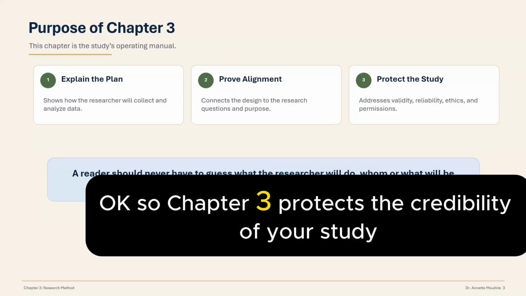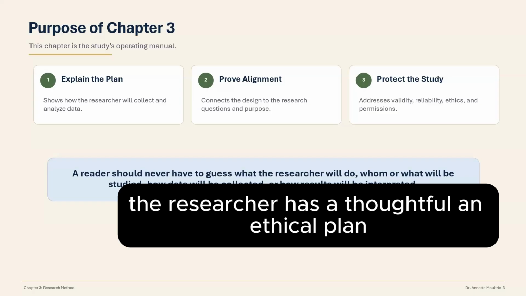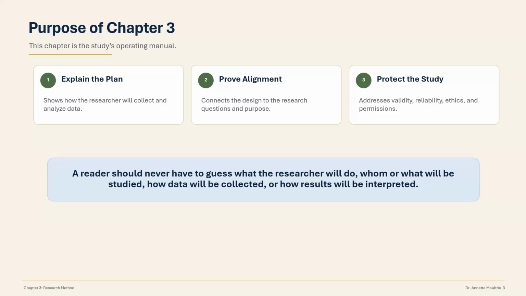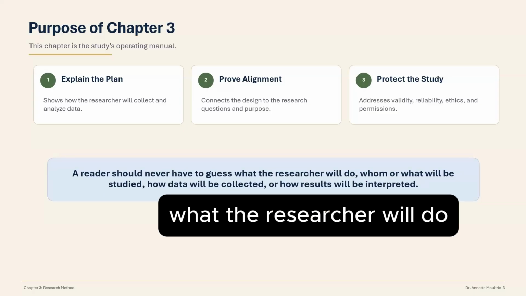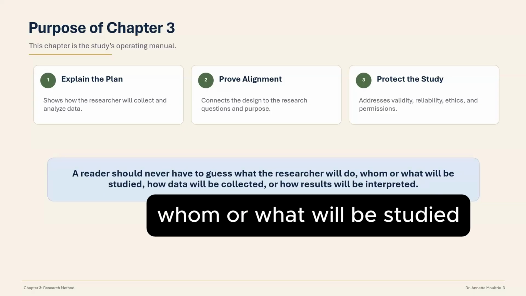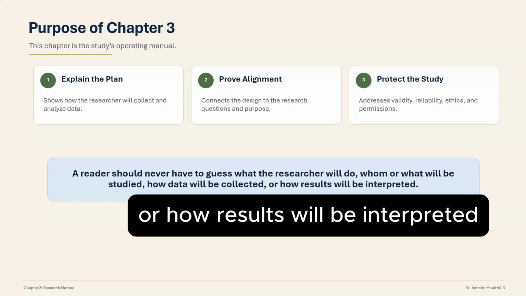So Chapter 3 protects the credibility of your study because it shows that you, the researcher, have a thoughtful and ethical plan. So a reader should never have to guess what the researcher will do, whom or what will be studied, how the data will be collected, or how results will be interpreted.